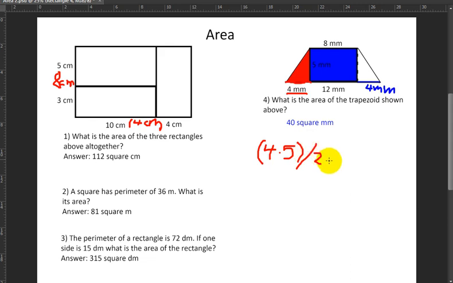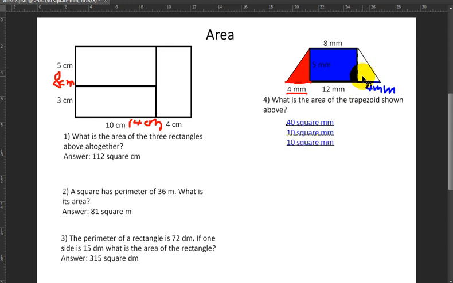So 4 times 5 is 20, and divided by 2 would give me 10. So the area of one right triangle is 10 square millimeters. And the area of the other right triangle, because they have the exact same proportions, is going to be the same. So another 10 square millimeters.